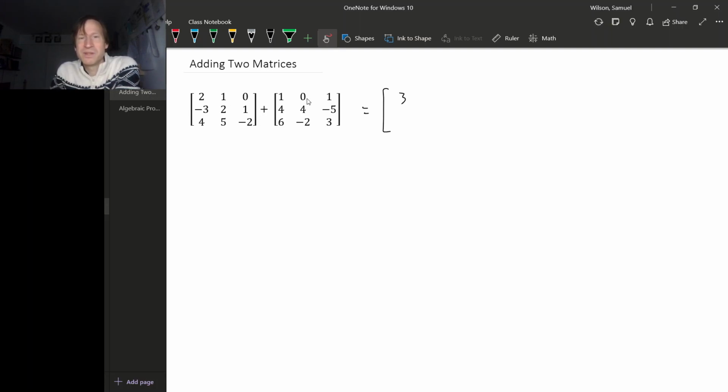And then 1 plus 0 is 1, and 0 plus 1 is 1, minus 3 plus 4 is 1, 2 plus 4 is 6, 1 plus negative 5 is negative 4, 4 plus 6 is 10, 5 plus negative 2 is 3, and negative 2 plus 3 is 1. Okay, so you can see adding matrices, there's not anything difficult going on here. You really do just add them term by term.